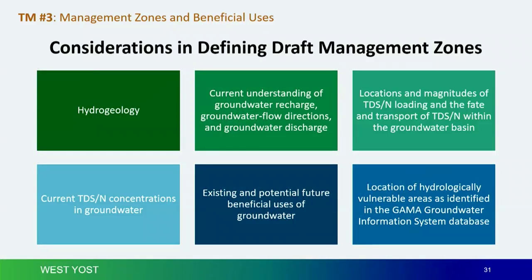That's an important consideration. What the beneficial uses are of groundwater. We took a look at that. And then lastly, the location of hydrologically vulnerable areas as identified in the GAMA database. That's basically looking at the permeability of the overlying sediments, and essentially our groundwater basin is pretty highly permeable everywhere. And so most of our groundwater basin is identified as hydrologically vulnerable.